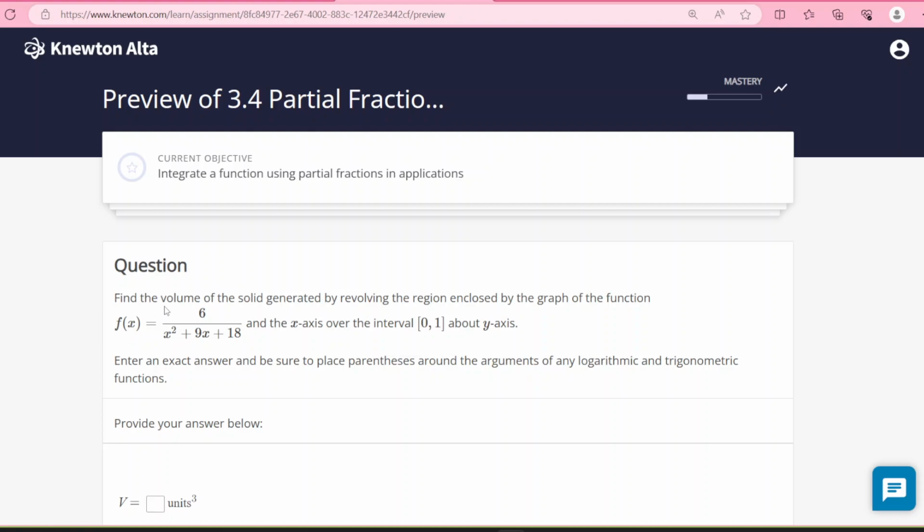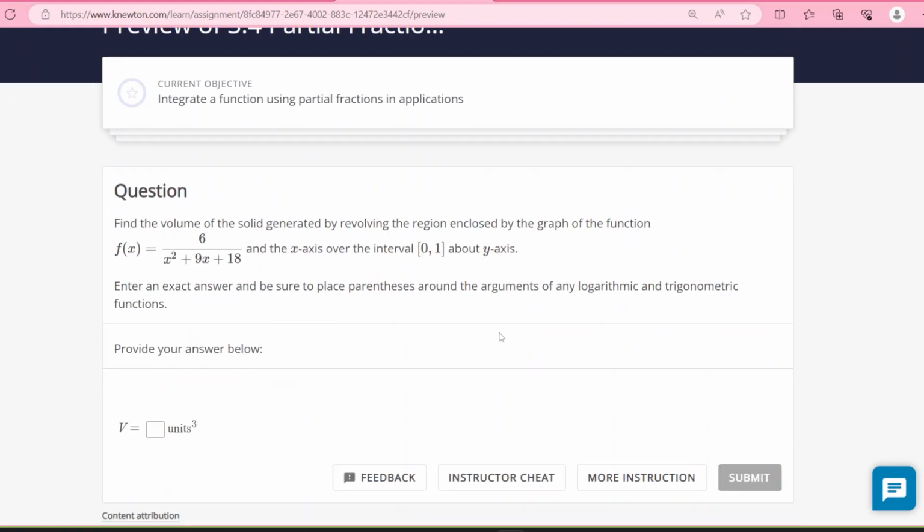All right, so we're asked to find the volume of the solid generated by revolving the region enclosed by the graph of the function f of x equals 6 over x squared plus 9x plus 18, and the x-axis over the interval 0, 1, and revolving this region about the y-axis. And they would like an exact answer. So we need to actually integrate.